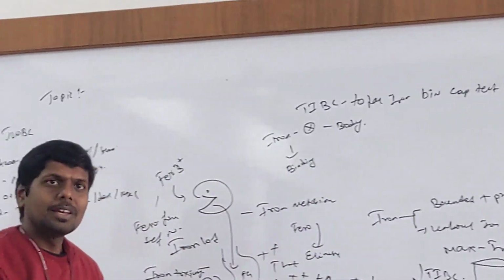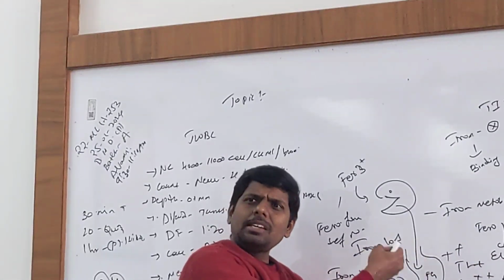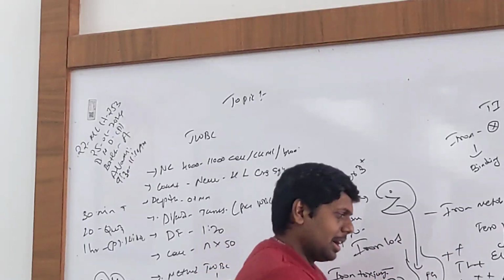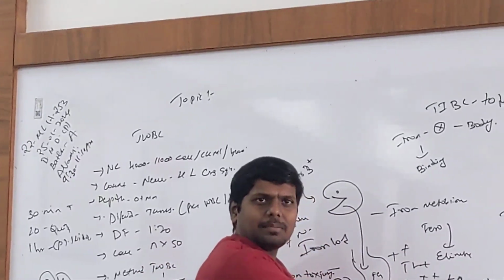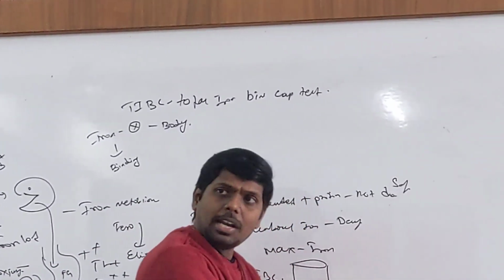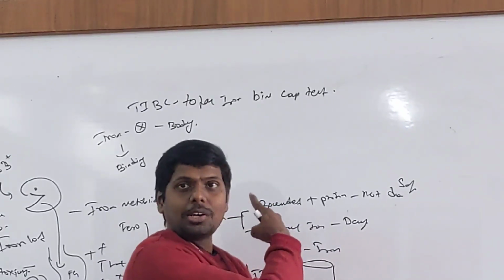Is it clear? There is a huge stress of iron in the body. Somehow, some excessive iron is generated, and the transferrin is already bound with that iron. So the overall TIBC value looks small because most of the transferrin has been utilized by ongoing stress.